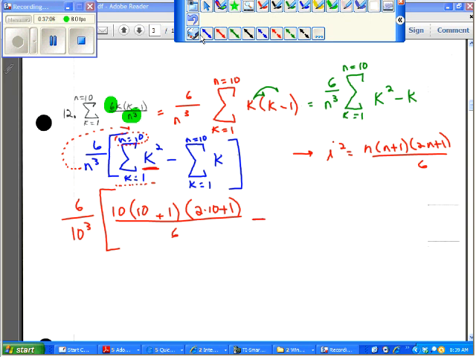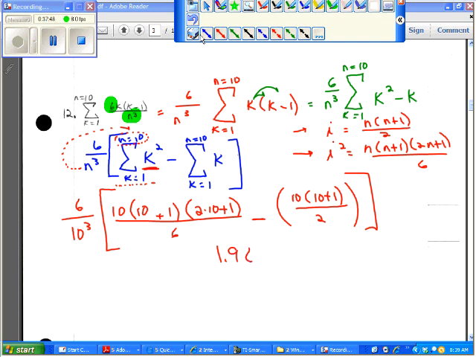And then I have minus the expansion of k, which is n times n plus 1 over 2, n being upper bound. I'm going to put this in parentheses because I would have to distribute the negative, right? So minus 10 times 10 plus 1 over 2, right? And then I need to close my bracket. And when you punch all of that in, you get 1.98.